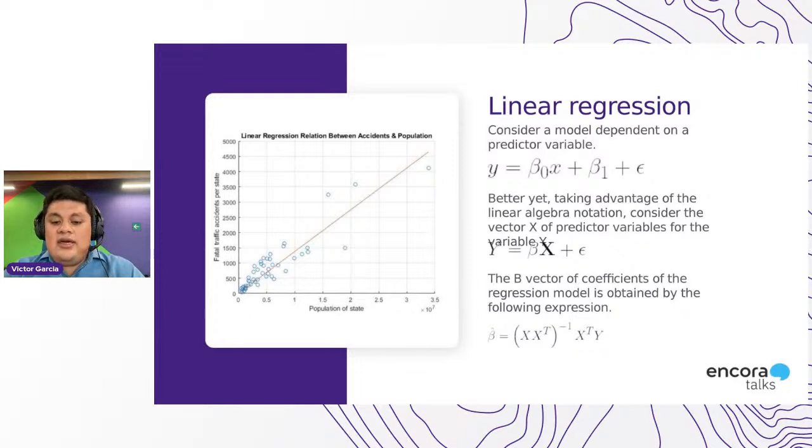Okay, we can take a look at the last equation, where we have a minus one. This minus one is the interesting part of the problem, and it refers to inverting the matrix obtained by this matrix multiplication.